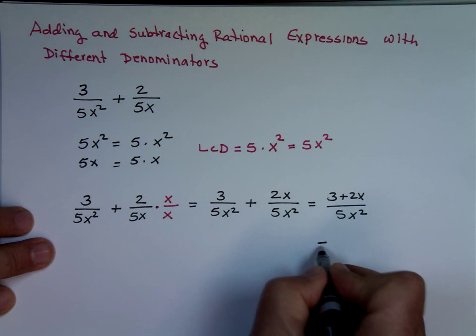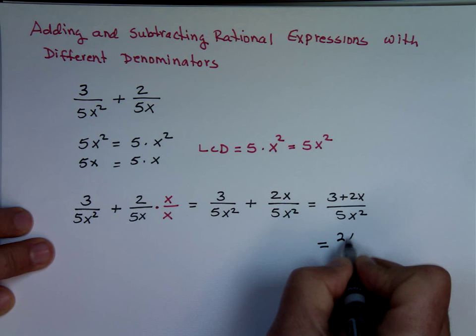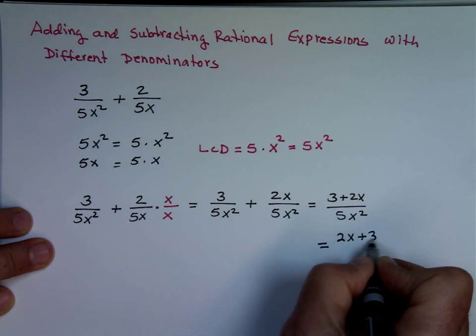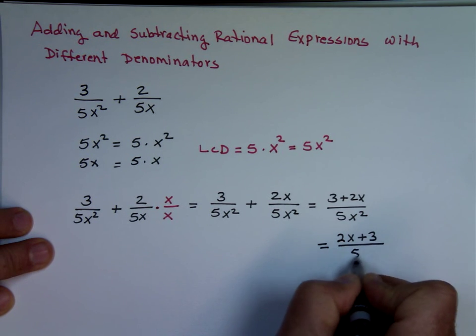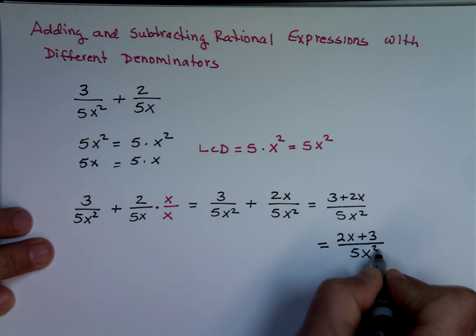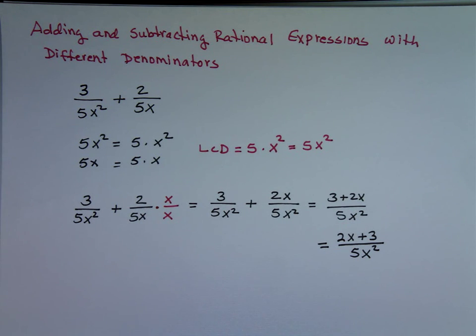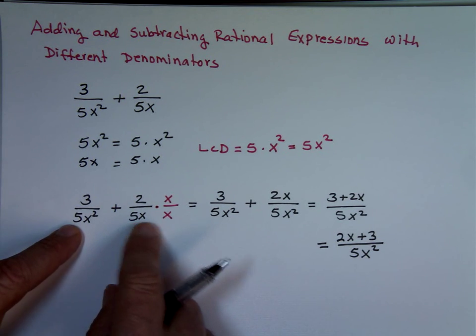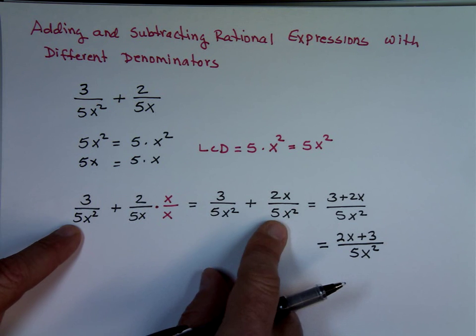So it's 2x plus 3 over 5x squared. So that's why we looked at the LCD. So when we're adding fractions with different denominators, we need to find the least common denominator, rewrite each one of these fractions, then go ahead and add them or subtract them.